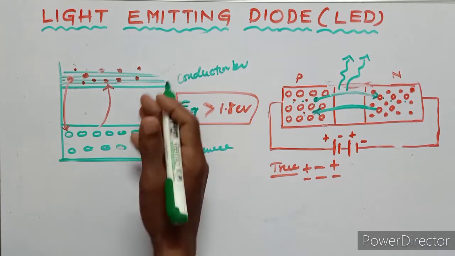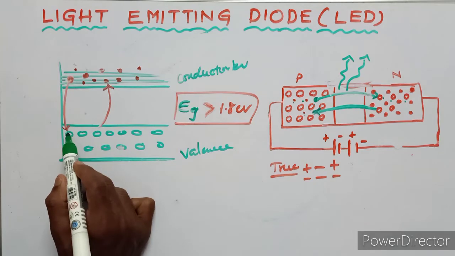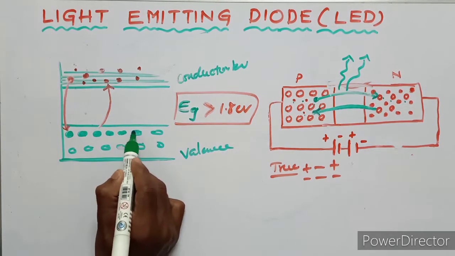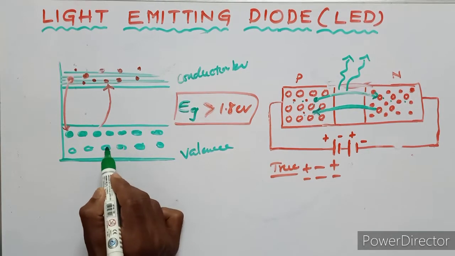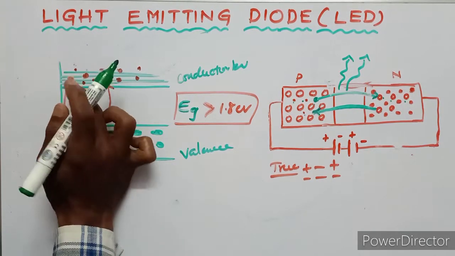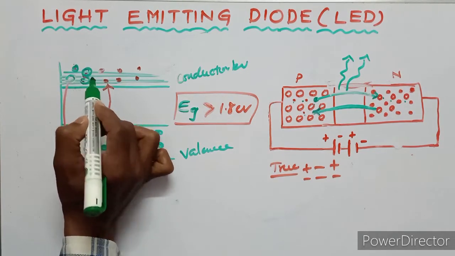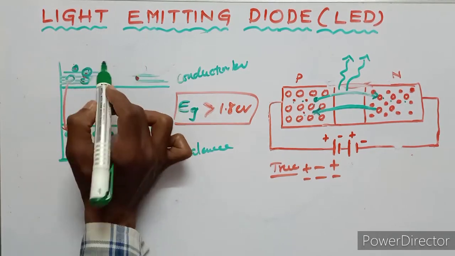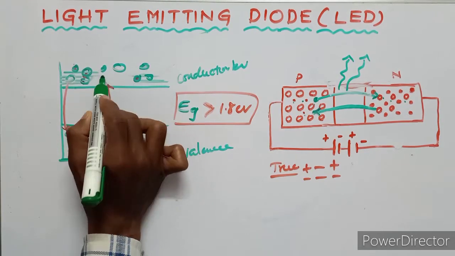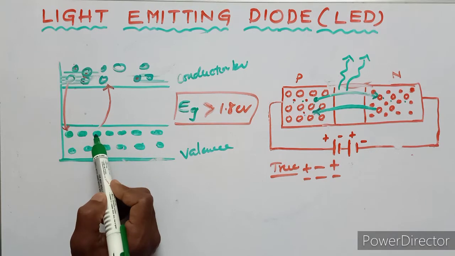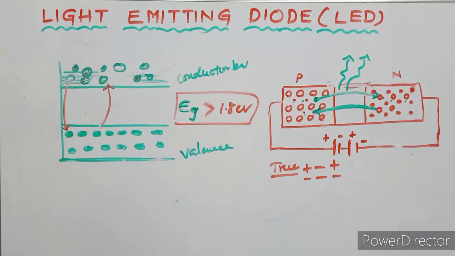Same, this diagram is interchanged. These are all free electrons. These are all holes. This hole jumps towards a free electron. This free electron jumps towards a hole.